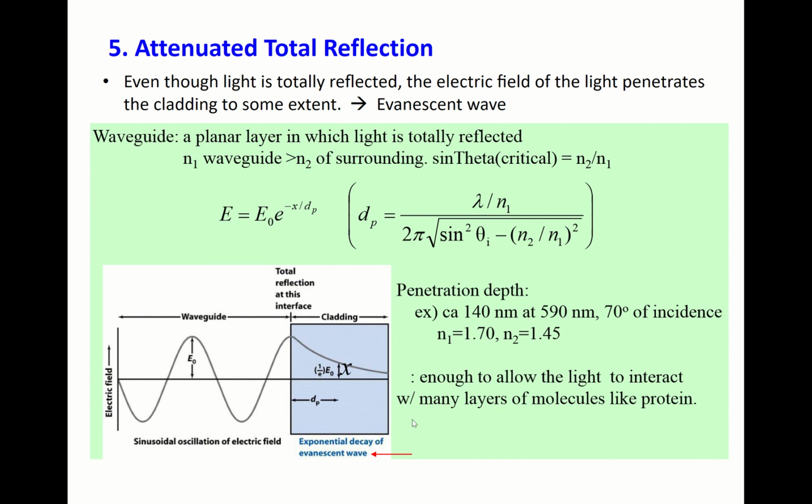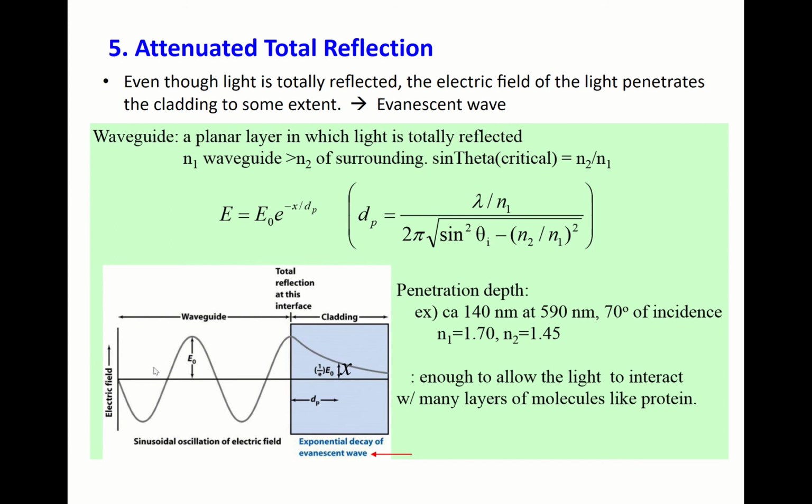But the beauty of this phenomenon is that if you coat the other side with biomolecules such as protein, whose size is much less than this 140 nanometer, then this evanescent wave can monitor the biomolecules on the other side.